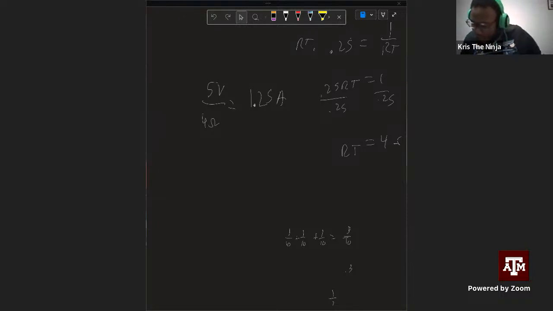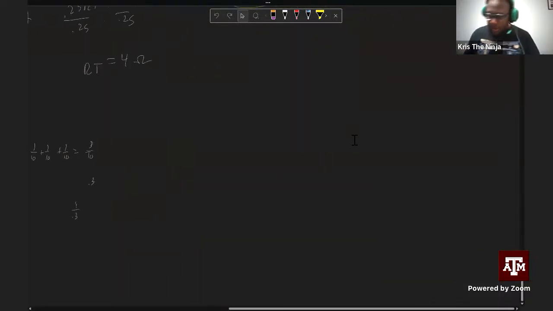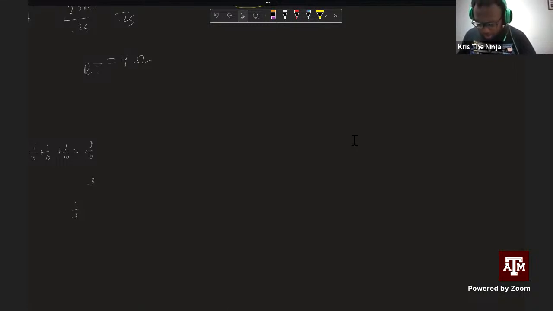If you have resistors of the same value, like two resistors of the same value, say a circuit like this, we had 20 and 20, let's say 5 volts.